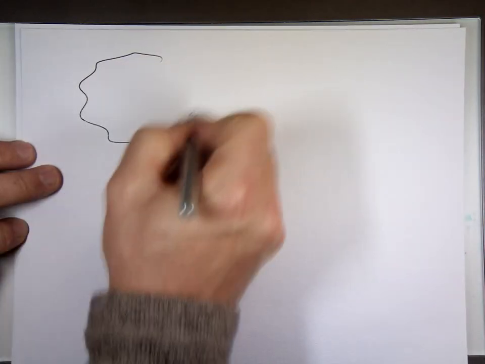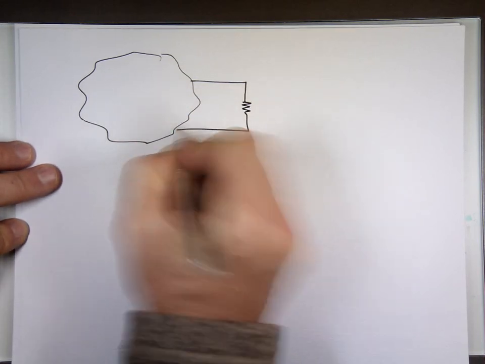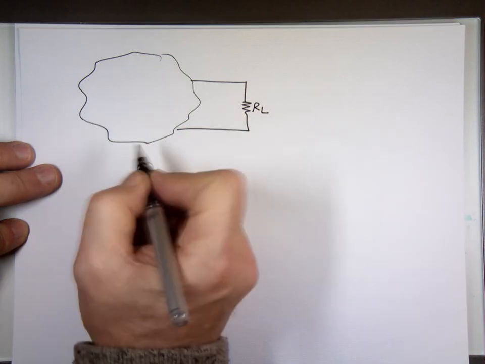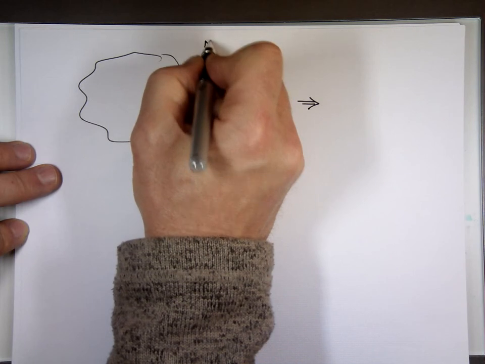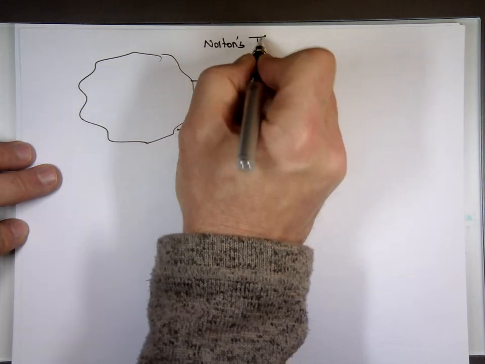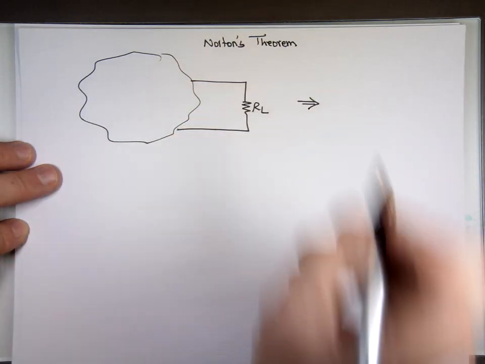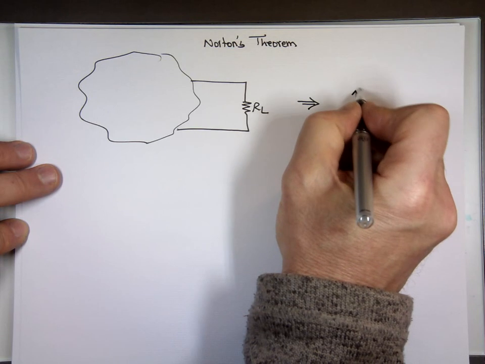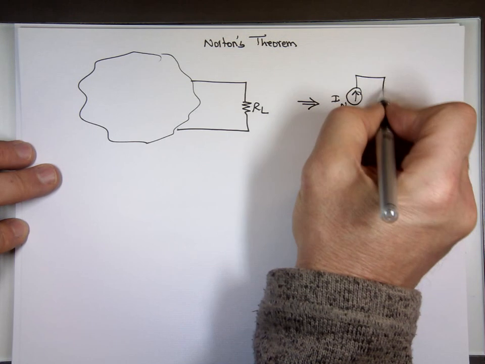Norton says you can take your circuit, your linear circuit right here, whatever circuit you have, and this is your R sub L. I don't want to draw a circuit even there. You can replace that according to Norton here. This is Norton theorem. You can take this circuit and replace it with a current source with the value of I Norton in parallel with R Norton.